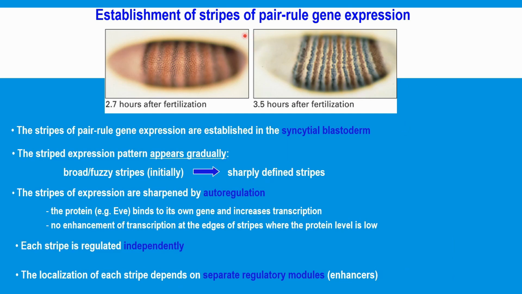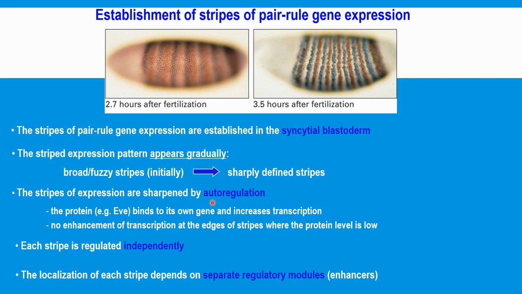When we look at the expression of the pair rule genes, the first thing we notice is that early on they have quite broad stripes, and this becomes restricted to more narrow stripes over time. These stripes are known to be sharpened by an autoregulatory loop. The protein, for example even skipped, binds to its own gene when produced and increases transcription.